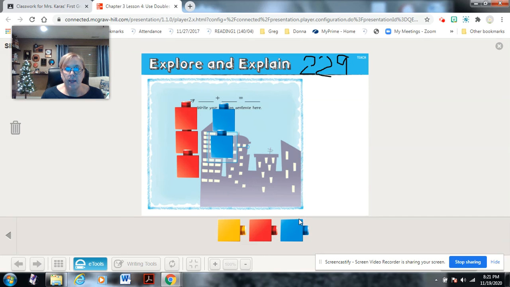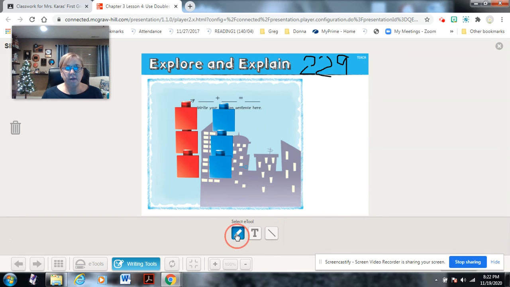And 3. They don't click though, that's the only thing. Now they would like us to trace the tower that you've built. You're going to trace it with your pencil and then write our addition number sentence. So what would you write for this?